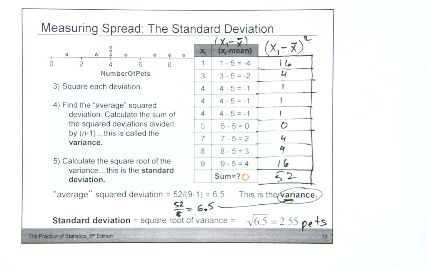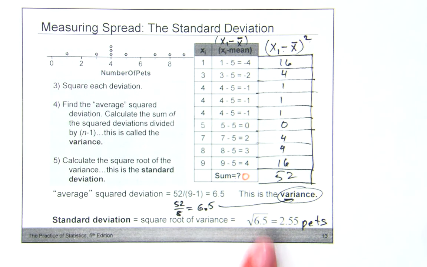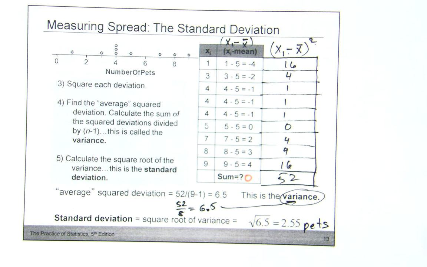All right? Now, to make it really easy, your calculator would actually do this for you. If you have this data set up here, you can just press a couple of buttons, and it will give you the standard deviation. So the number of pets varies from the mean by about 2.55 pets.